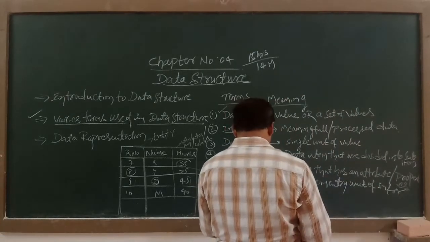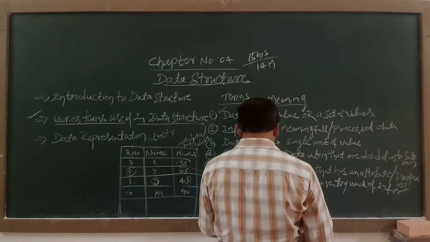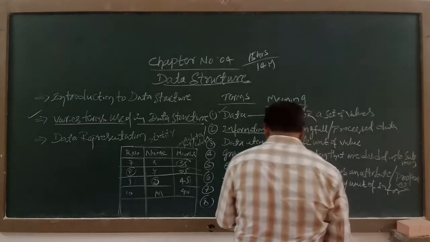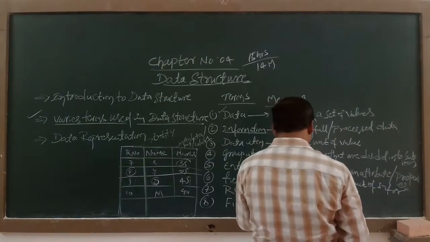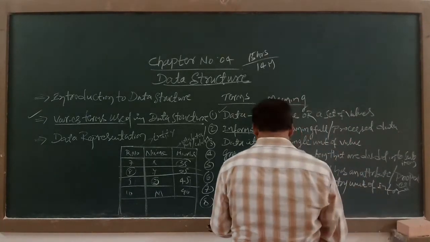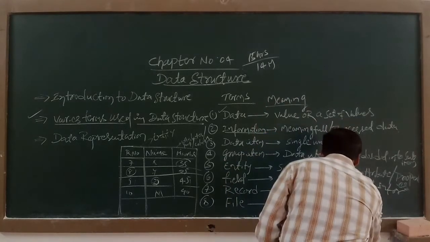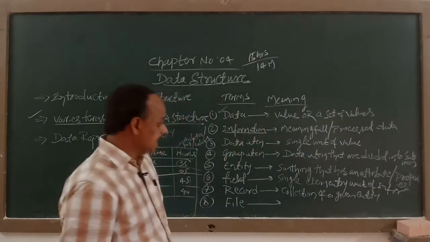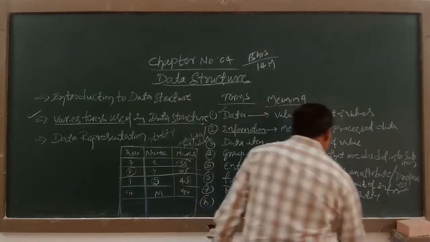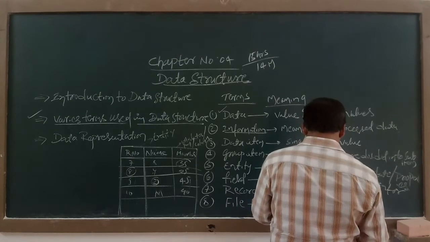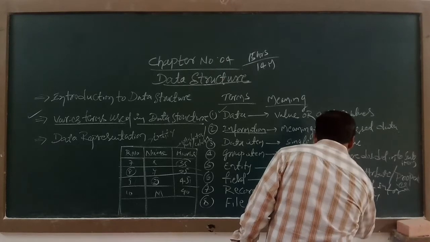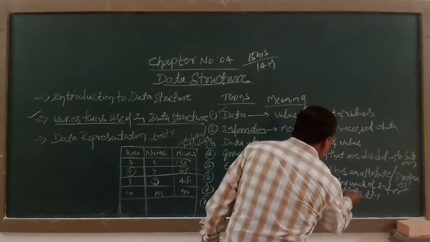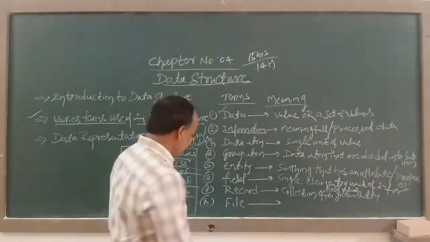Collection of field values of a given entity is called a record.